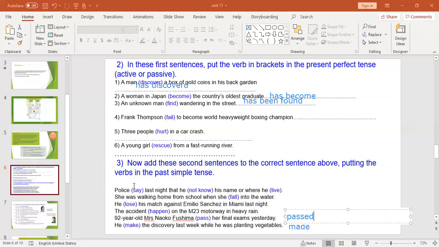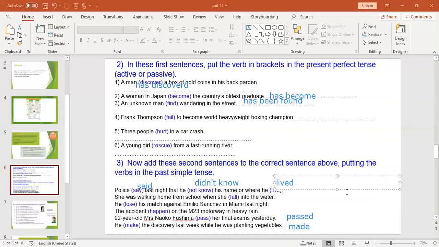Police said last night that he didn't know. Sorry, this should be written correctly. He didn't know his name or where he lived.